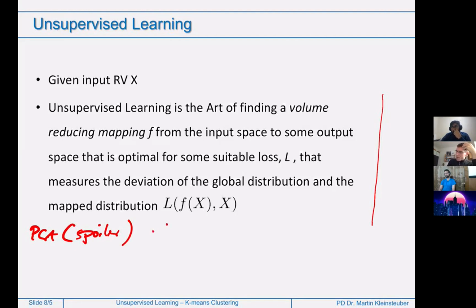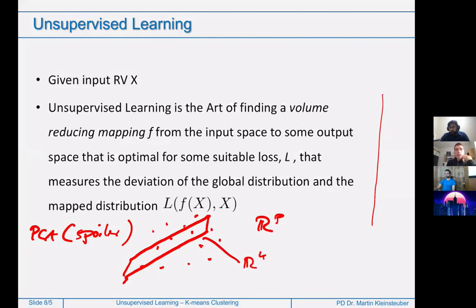We have data in a high dimensional space, mapped here in RP, and PCA aims to find a linear subspace, some RK, where the data is projected onto that subspace. So we achieve this volume reducing map for PCA in a very trivial way.